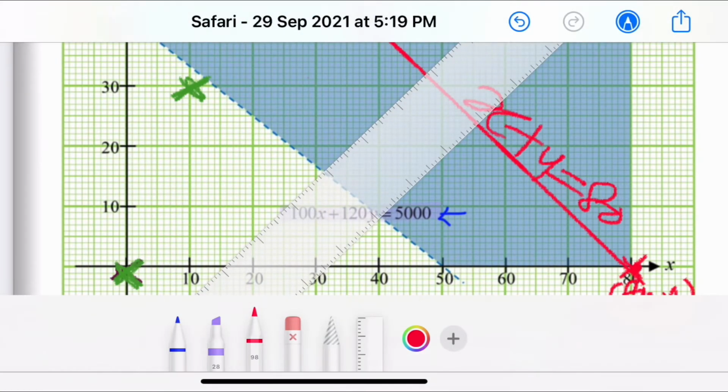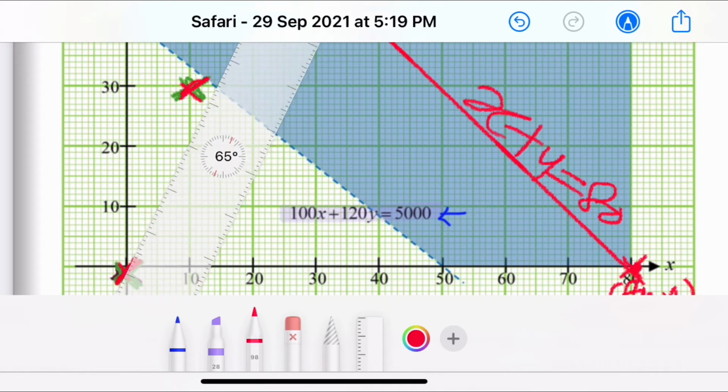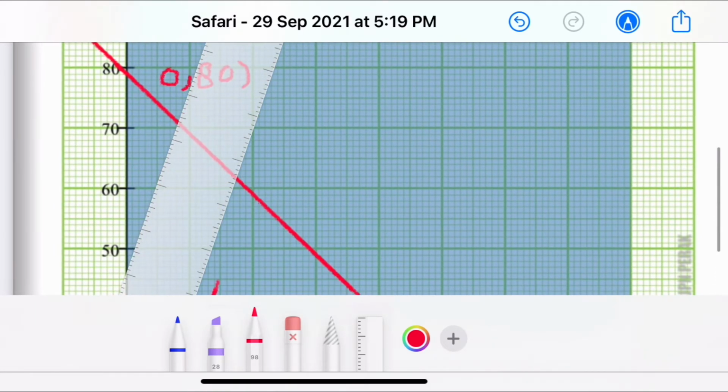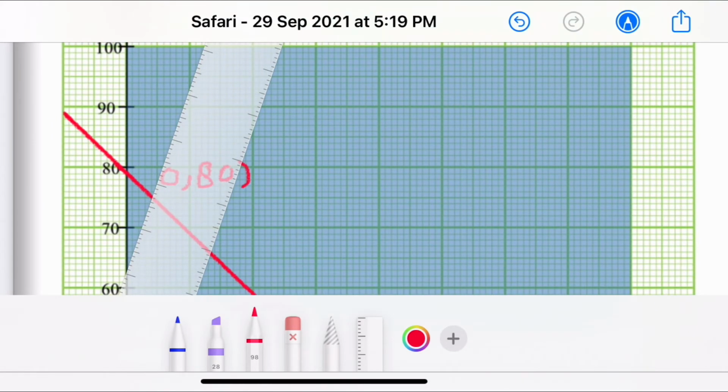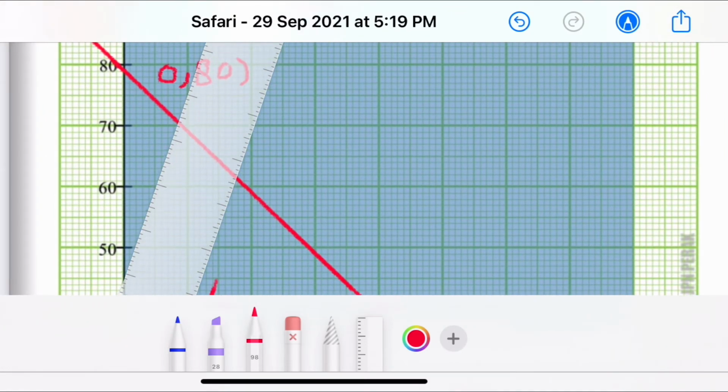I'm going to put the ruler exactly on those 2 points, 0, 0 and 10, 30, and draw the line going up. If x is 10, y is 30, then if x is 30, it will go to 90. So 30 goes to 90 at this point, and we can connect using the ruler.